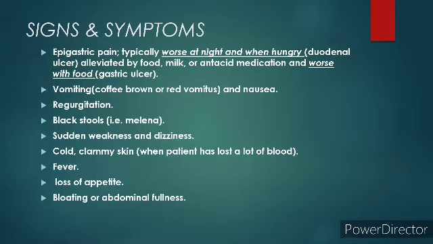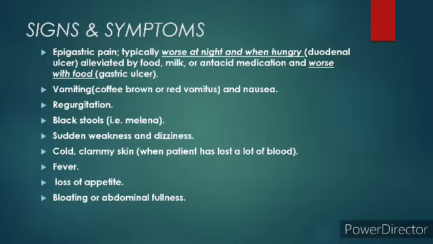If the pain is worse at night and when hungry, most likely they are duodenal ulcers, and these are alleviated by food, milk, or an antacid medication. Then the pain which is worse with food, where after eating you get that epigastric pain, most likely they are gastric ulcers.